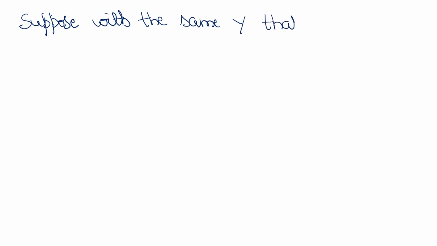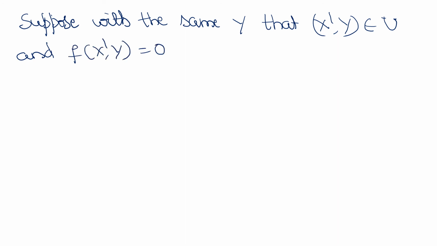Suppose with the same y, whatever y we have got now, that (x', y) belongs to U and f(x', y) is equal to 0.